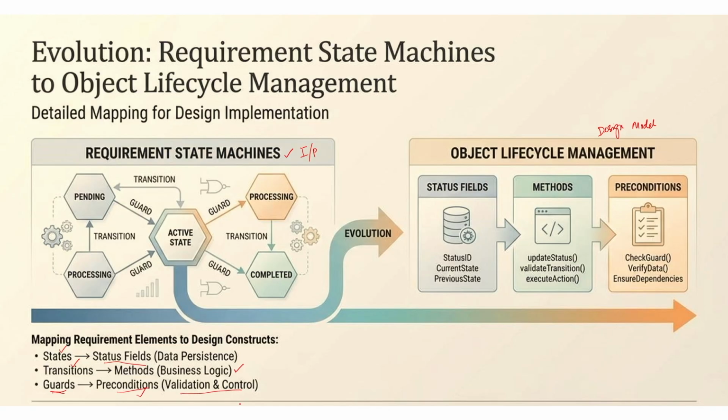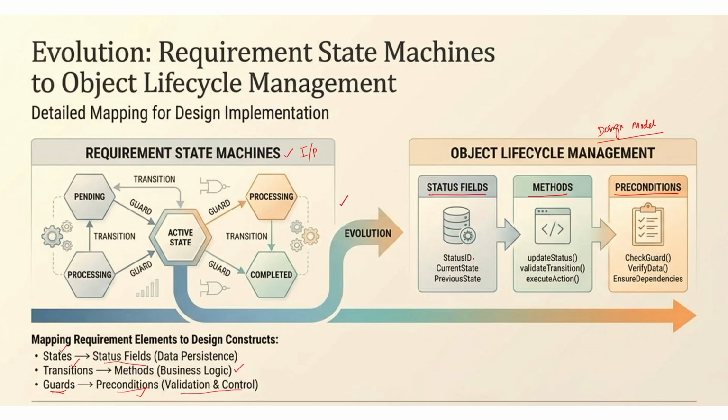So, taking this state machine into consideration, we are going to convert that into object lifecycle management or your design models. Consider here status fields, methods and the preconditions. These are the three things that we have to derive from this requirement state machine.